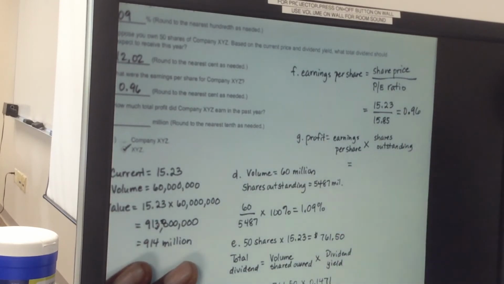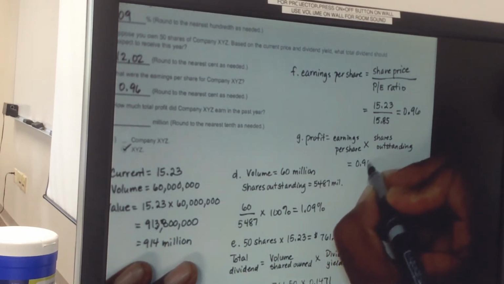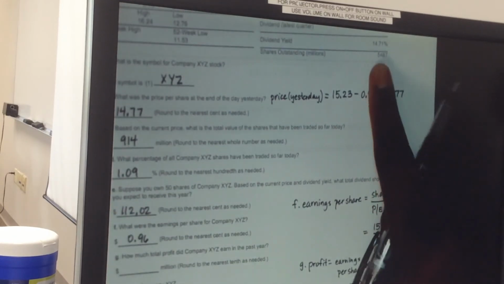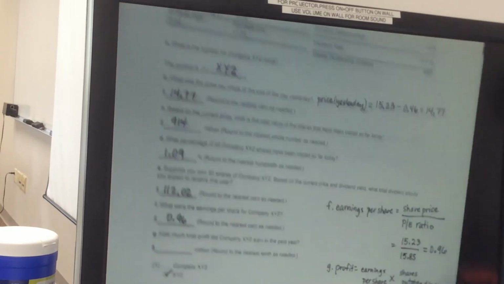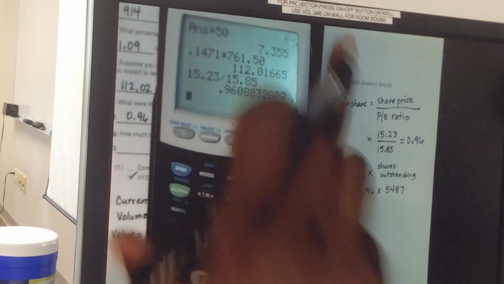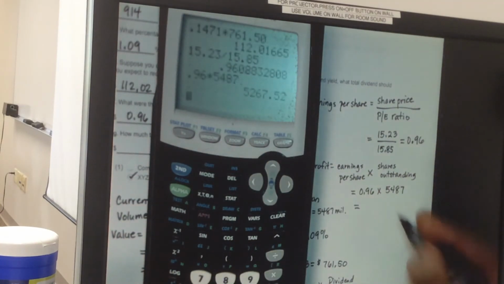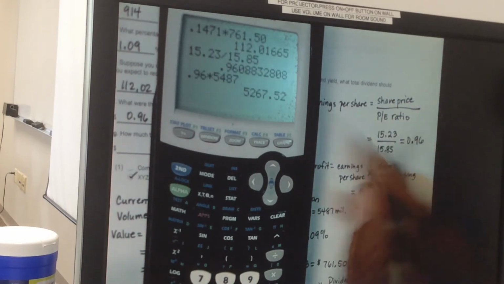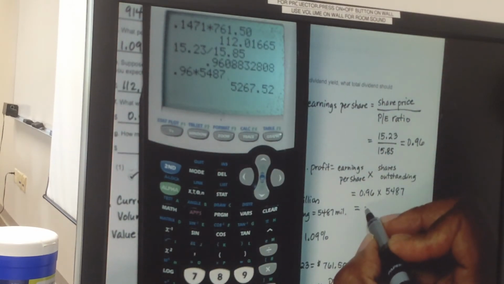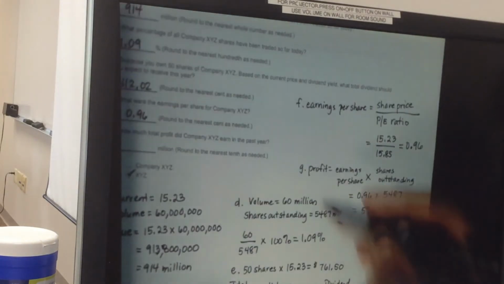So the earnings per share from part F was 0.96. I'm going to multiply that by that 5487, which is up here, the shares outstanding, and that's in millions. Our answer is going to be in millions anyway, so 0.96 times 5487 would be, if I round this to the nearest tenth or one decimal place, 5267.5.